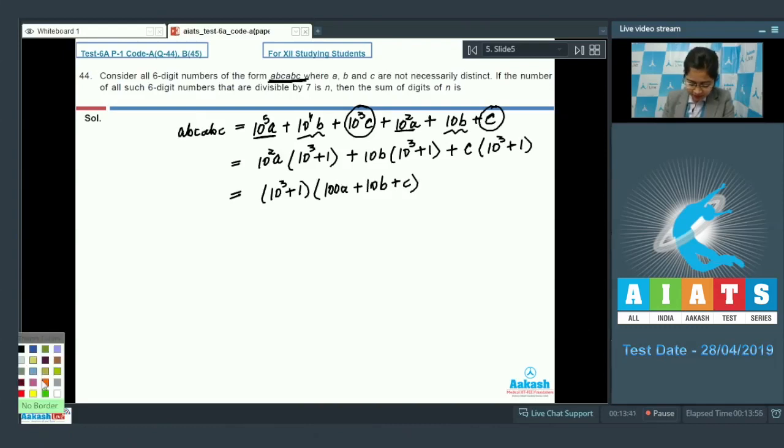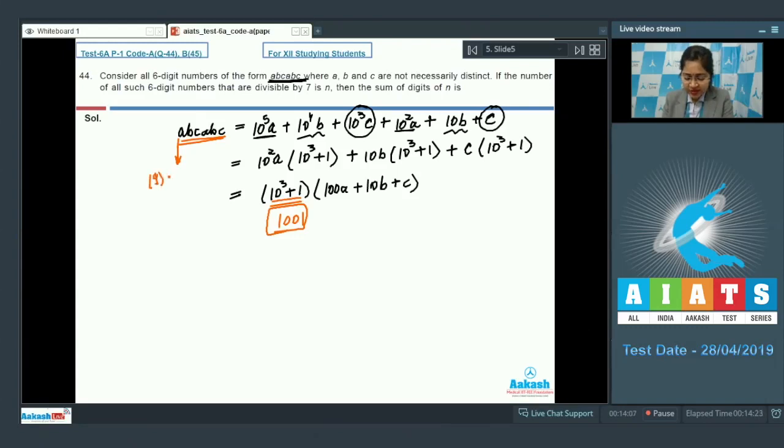Now if I look at this number, it is 1001, which is divisible by 7, which means any such number is divisible by 7. We just have to find all 6-digit numbers of the form ABCABC. A can take any number from 1 to 9, so it has 9 possibilities.